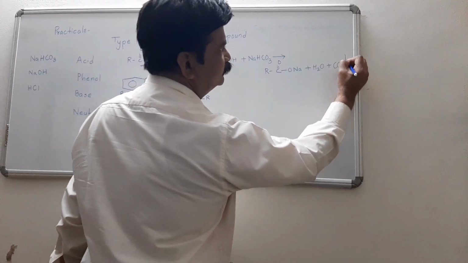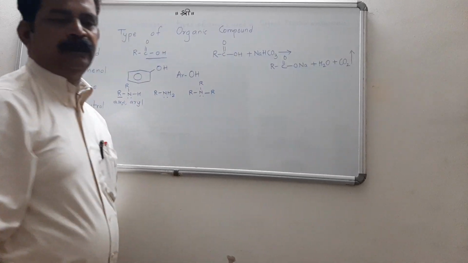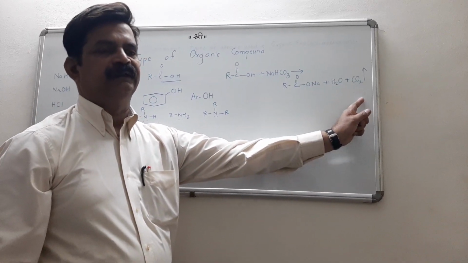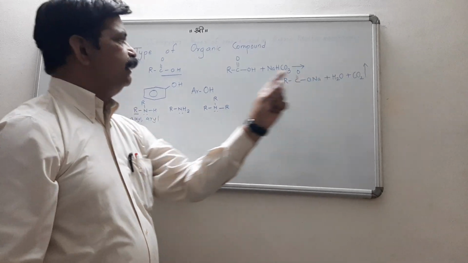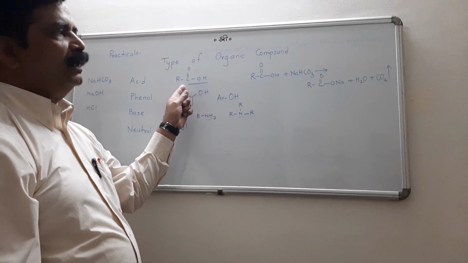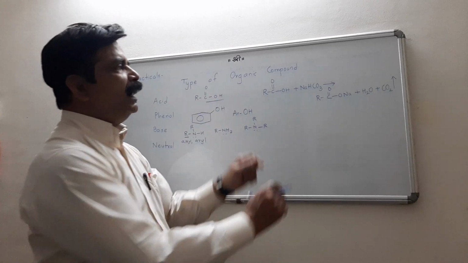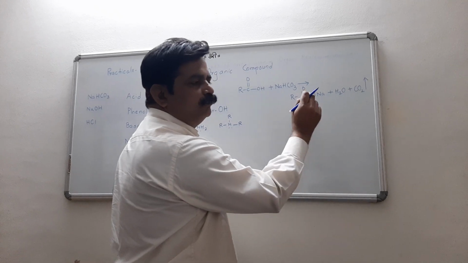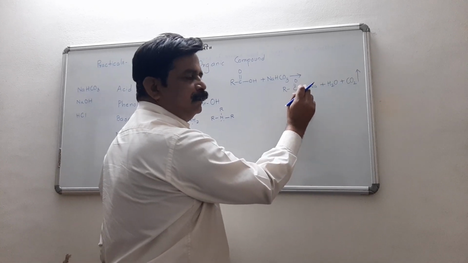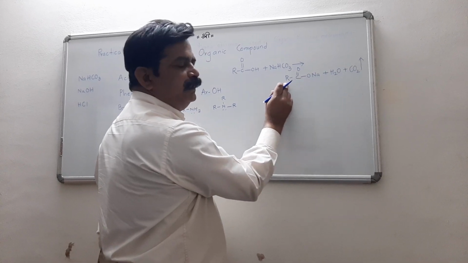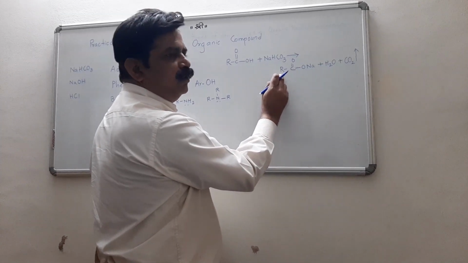This gas is given out. As this gas is given out, we see effervescence or bubbles. It is indication that carboxyl group is present or acid is present. As this is a salt of sixth group of inorganic analysis, these have property to get dissolved in water.